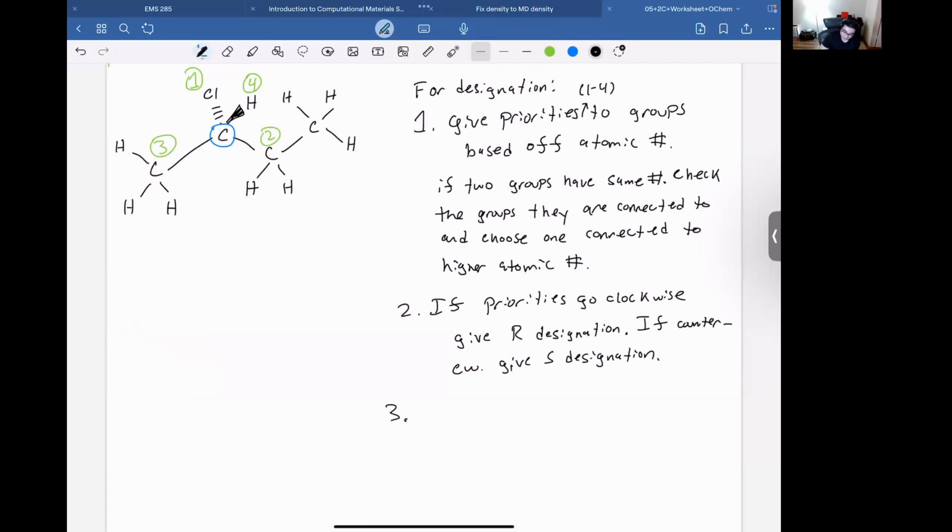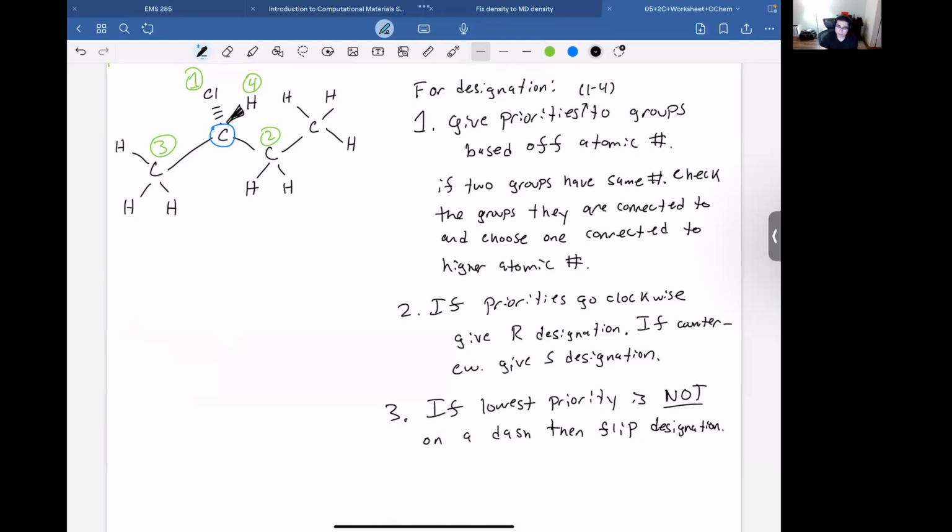Now, and this is the important thing, if the lowest priority is not on a dash, then you want to flip the designation. So if you had R, then you would get S.